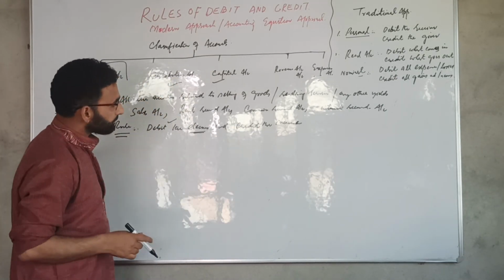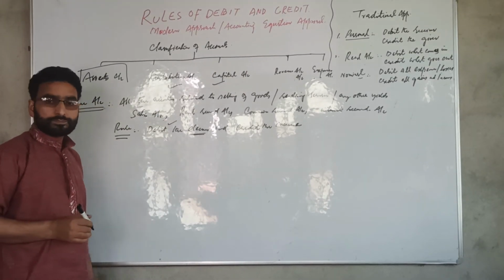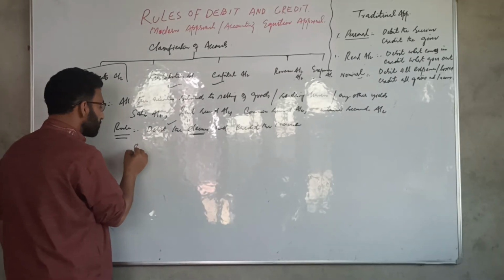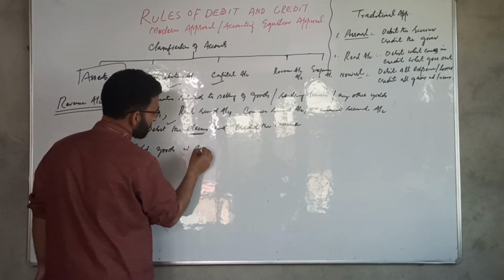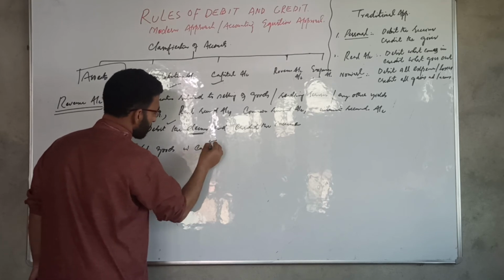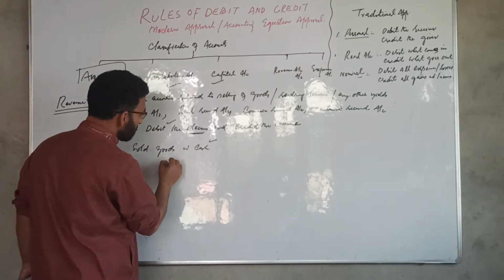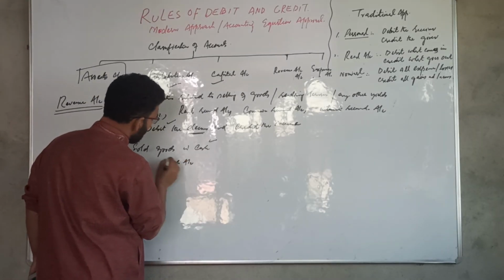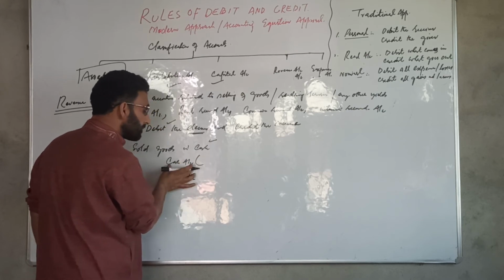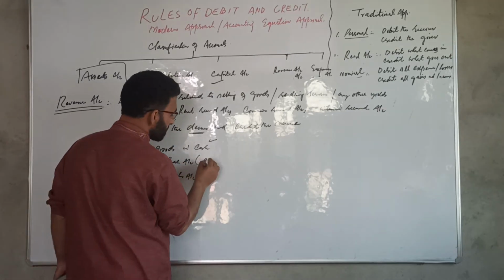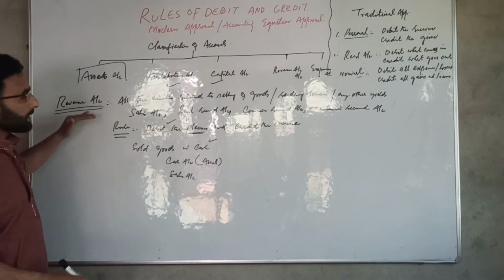For example, selling of goods, sold goods in cash. Here two accounts are involved. One is cash account, another is sales account. The cash account is related to assets, but the sales account comes in the category of revenue account.